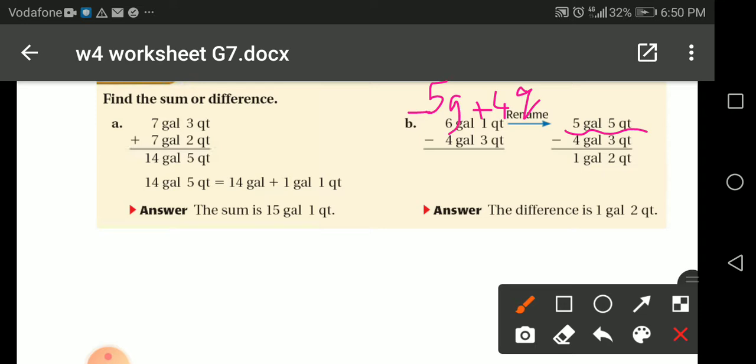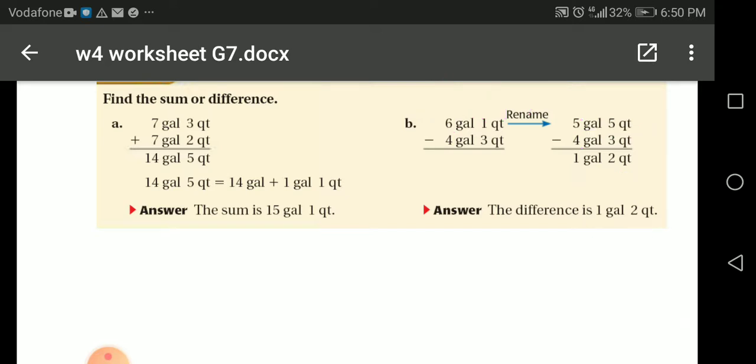The 1 quart I had, I added to it 4 quarts. So now I have 5 gallons and 5 quarts. Now I can subtract easily. 5 quarts minus 3 quarts gives me 2 quarts, and 5 minus 4 gallons is 1 gallon. So the difference will be 1 gallon and 2 quarts.